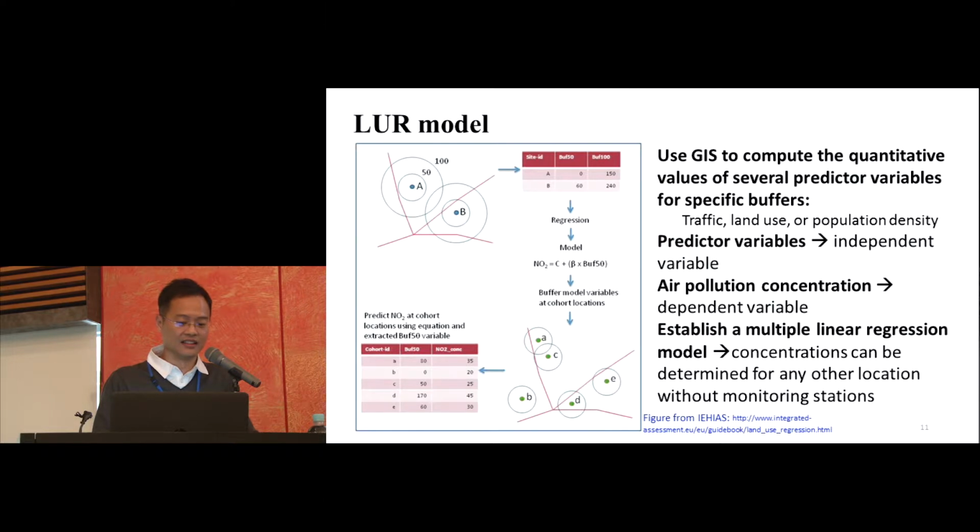On the other hand, the air pollution concentration we measured is taken as the dependent variable in the linear model. So once we establish a multiple linear regression model, we can use this model to calculate the concentration. This concentration can be determined for any other location without a monitoring station or measurement.